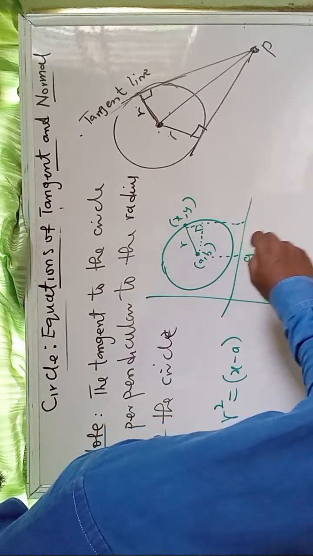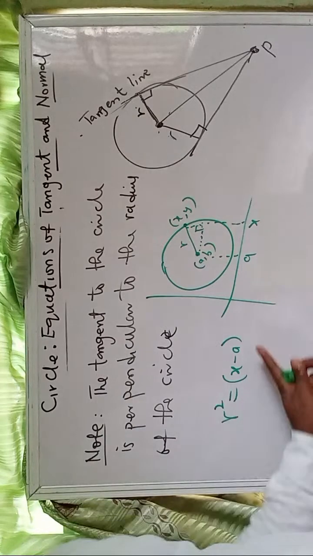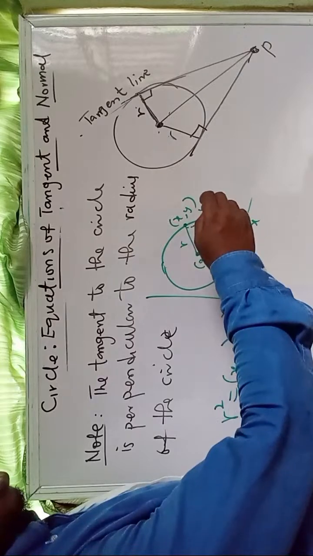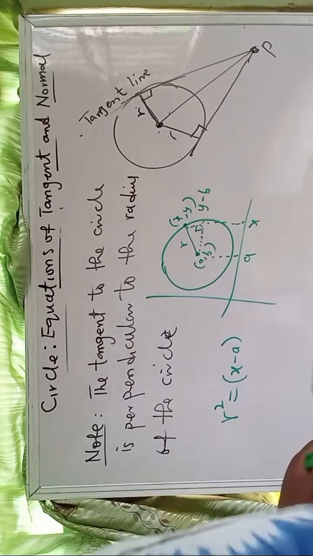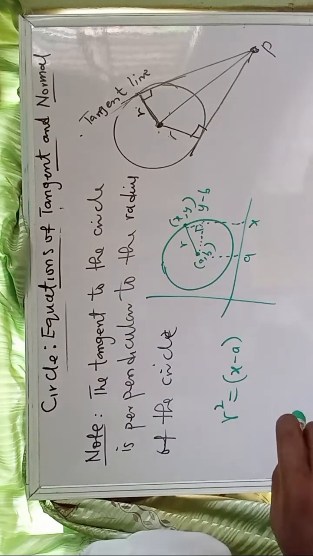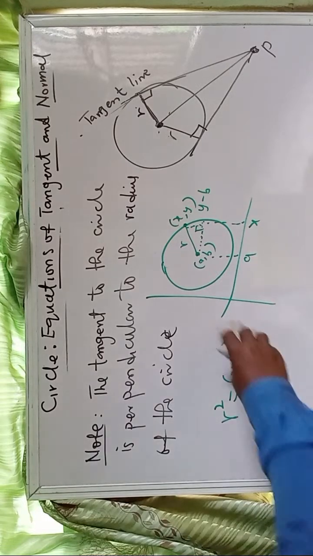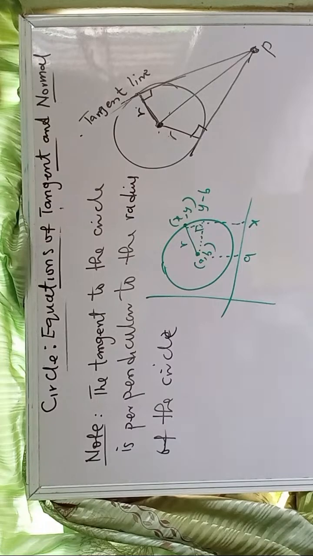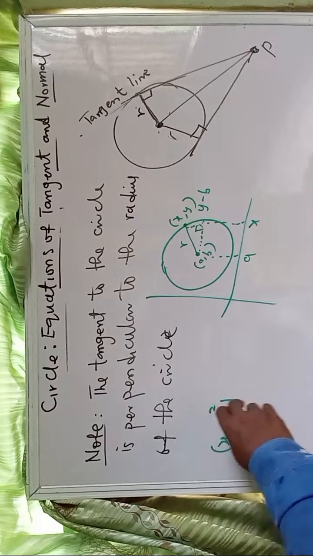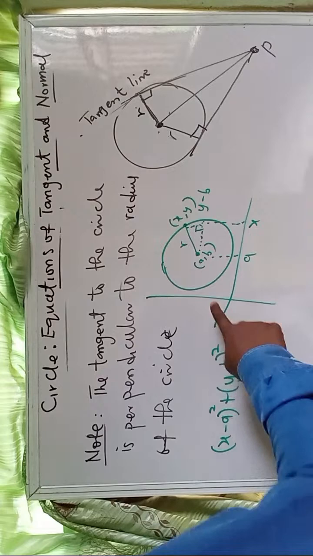This is a point a, b, this is a point x, y. The distance from here to here is x minus a, and the distance from here to here is y minus b. So from this diagram, you can get the standard equation of a circle, which can be given as x minus a squared plus y minus b squared equals r squared.